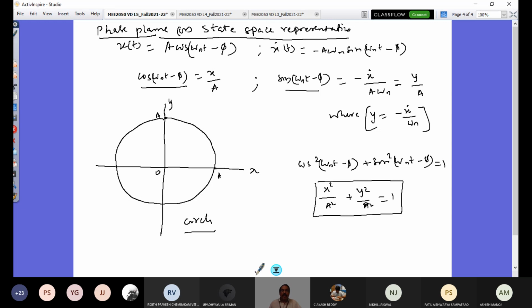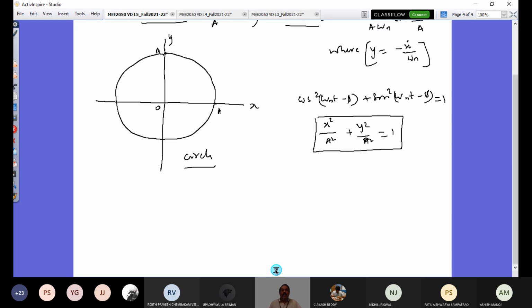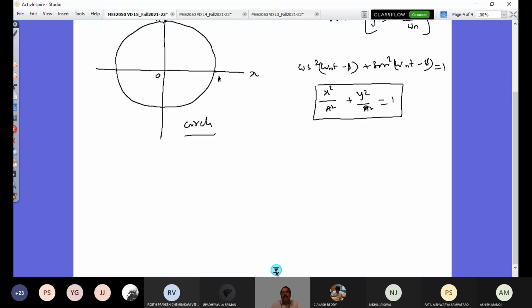And now I can also represent, by the way, this y, we know that in this context it is x dot by omega n. So if I take my axes as x and x dot, x as the horizontal axis and x dot over here, look, x is displacement and x dot is velocity.